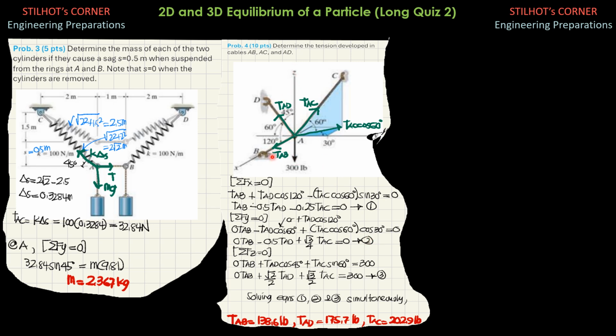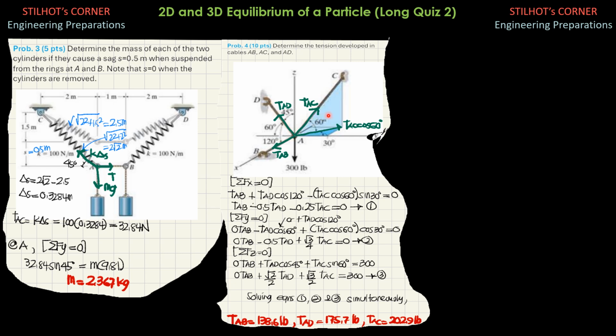Again, tension AB has no Z components, 0 tension AB. Then theta Z is 45 degrees for tension AD, so plus tension AD cosine of 45 degrees. Then this is the Z component of tension AC.